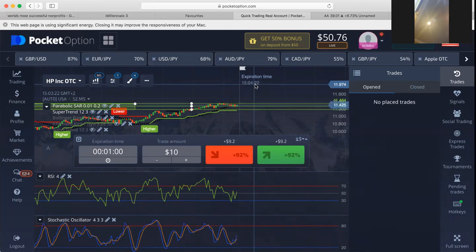But if it touches my ceiling, which is the green line on top right here, I'm going to go in for a sell. Not a buy, a sell. Hold on, let me check. Yeah, I think I'm gonna go in for a buy. Oh, it went up. It just hit my line. But it went back down. Yeah, I think if it hits that line, I'm going down. I'm gonna sell.